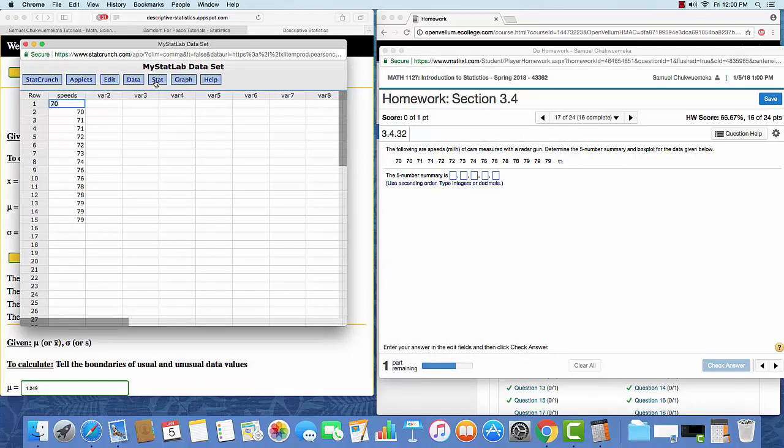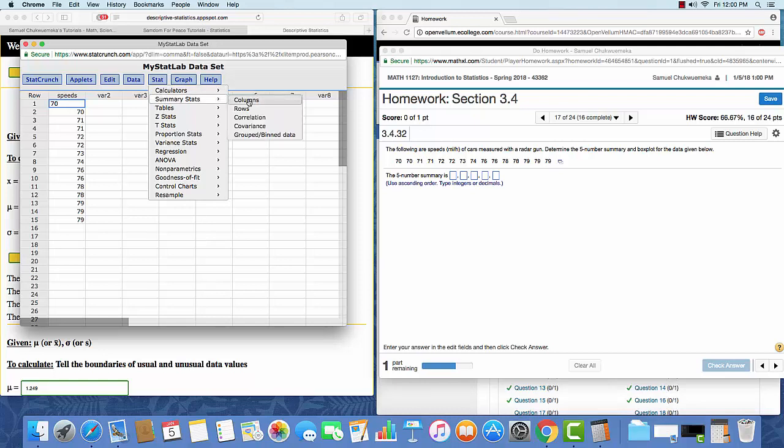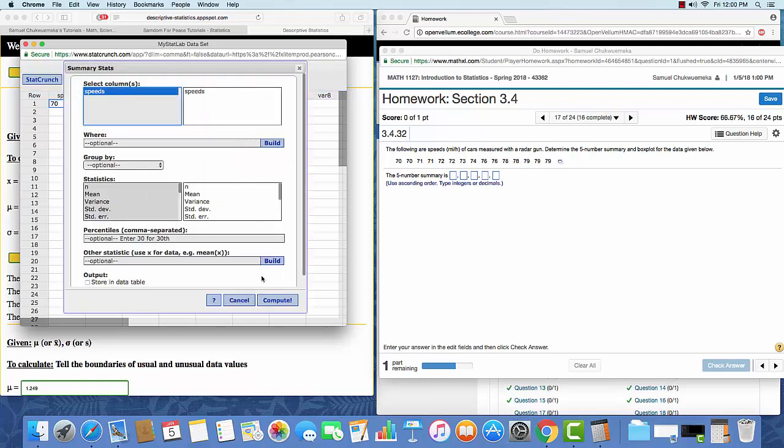So we go to Stat, Summary Stats, Columns, select speeds, mean, first quartile, minimum. Please, if I say mean, I don't mean the MEAN. I mean MIN, minimum, first quartile, second quartile or the median, third quartile.